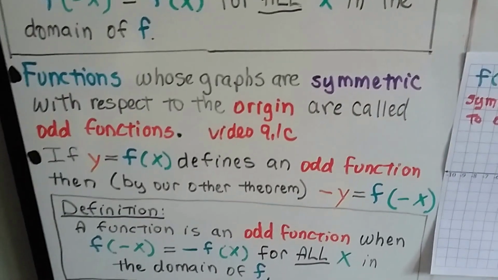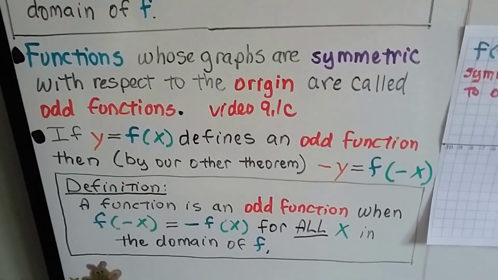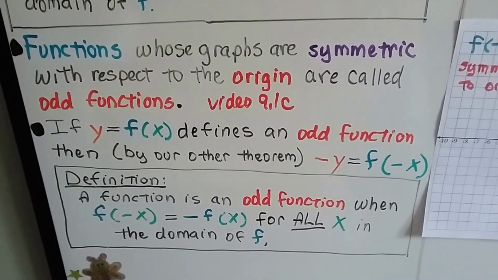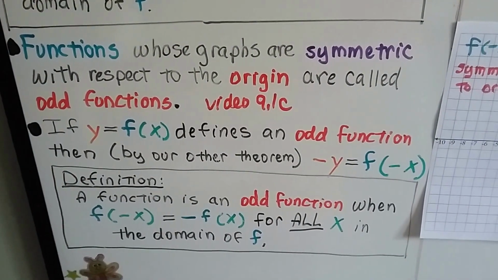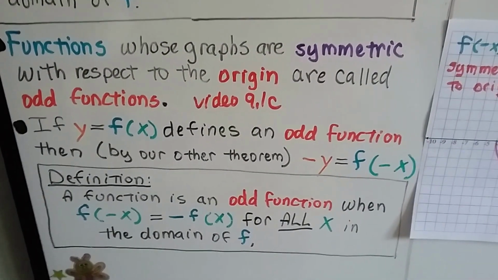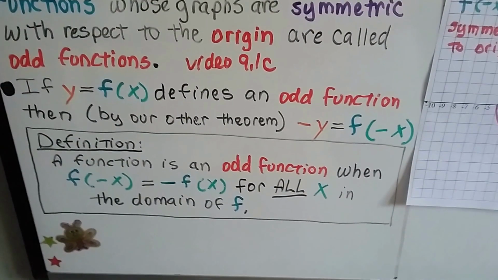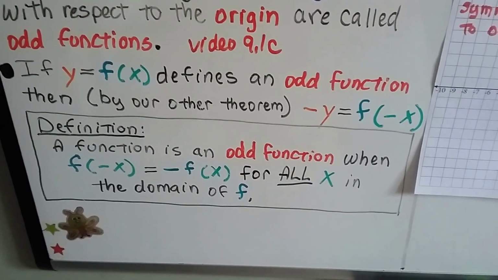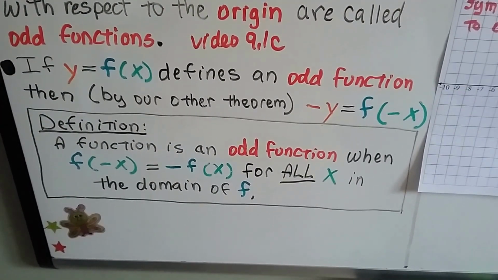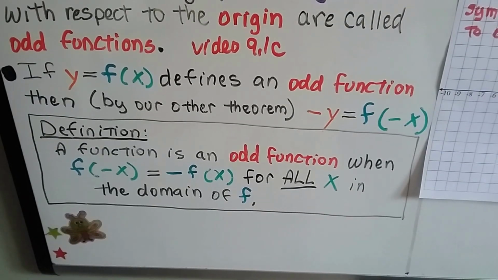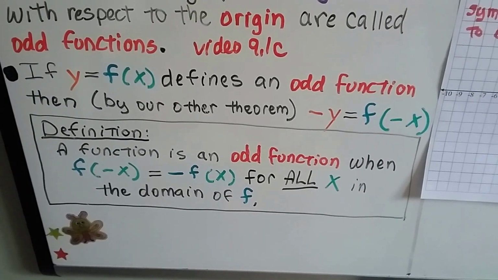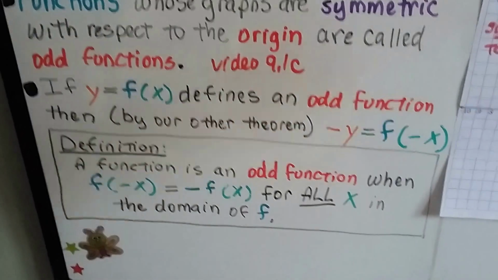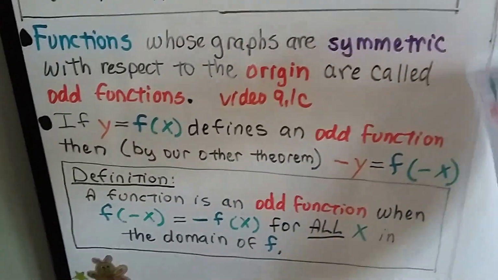So if y equals the function of x defines an odd function, then, by that second theorem, the inverse of y is going to equal the function of the inverse of x. We have another definition. The function is an odd function when the function of the inverse of x equals the inverse of the function of x for all x in the domain of f. You're probably tired of hearing the word function by now, aren't you? Okay, so let's continue on.